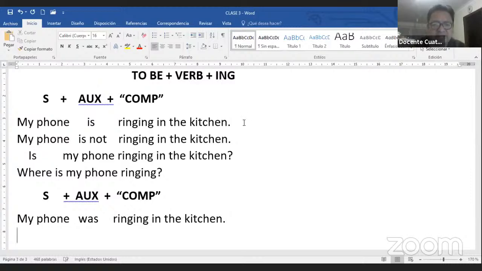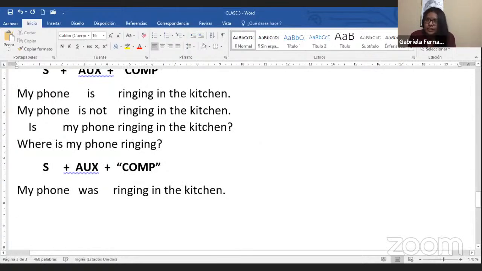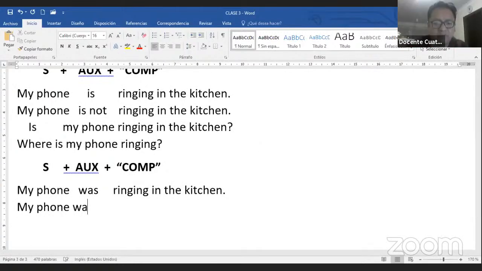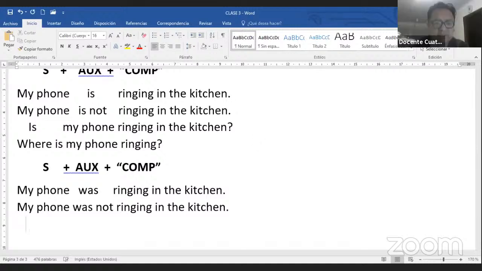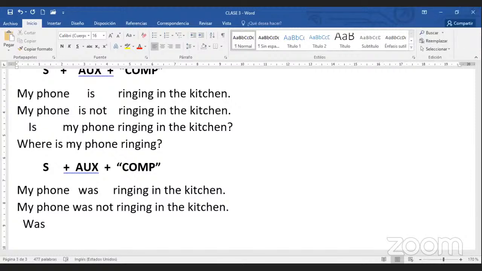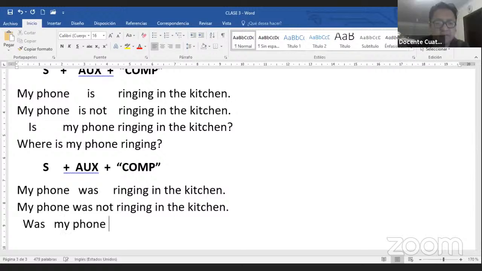So, Gabby, can you give me the negative sentence? My phone was not ringing in the kitchen. Very good. Liber, can you give me the closed question? Was my phone ringing in the kitchen?